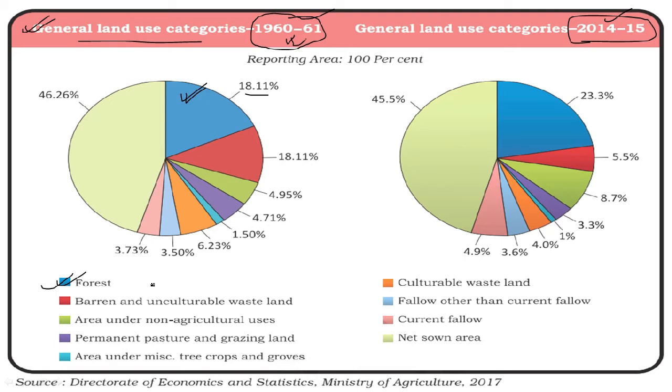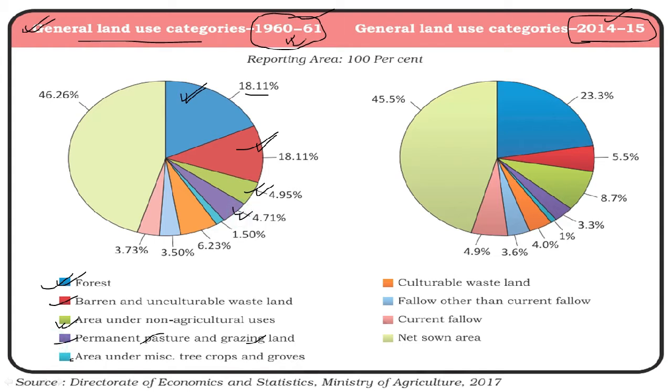Then we see barren and unculturable wasteland, which is represented by red color, 18.11% again. Then we have area under non-agricultural uses. It was 4.95% during 1960-61. Permanent pasture and grazing land, represented by this purple color, 4.71%.